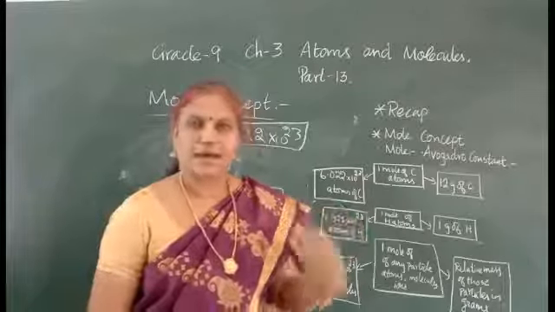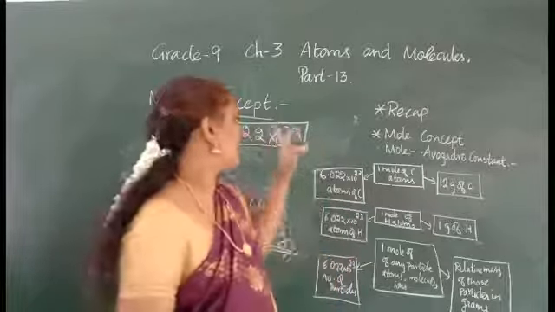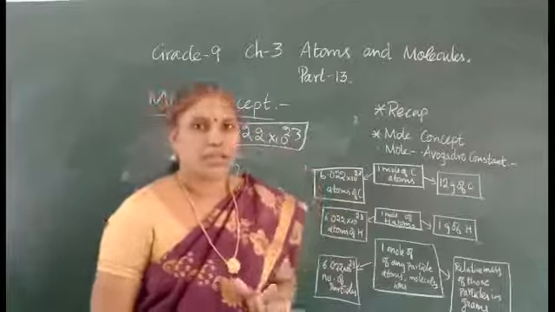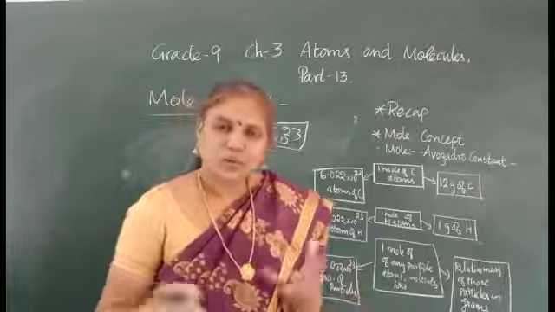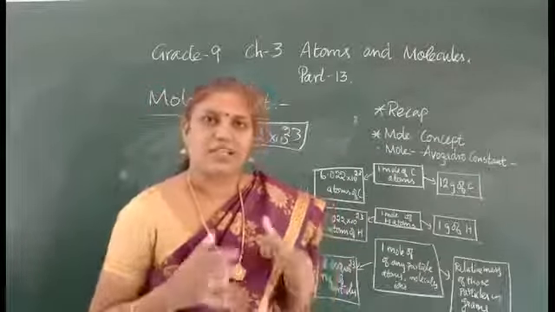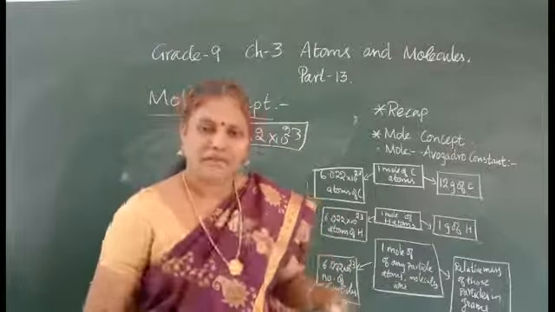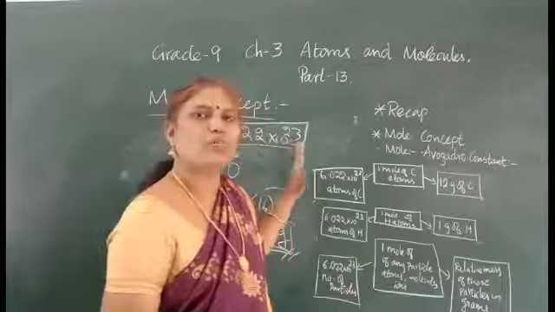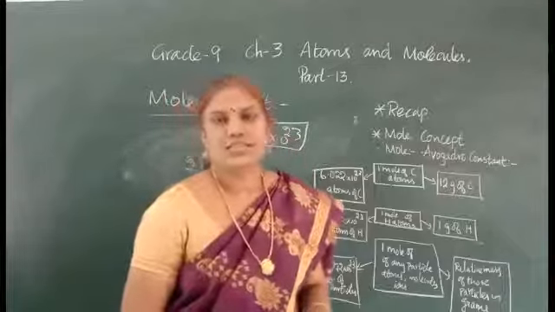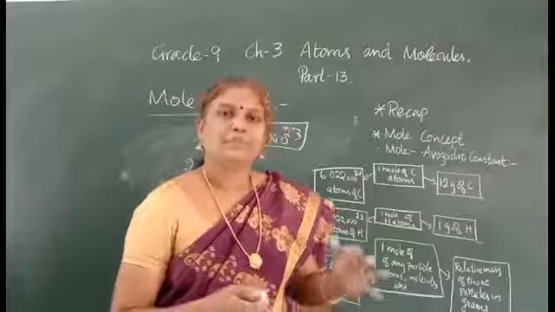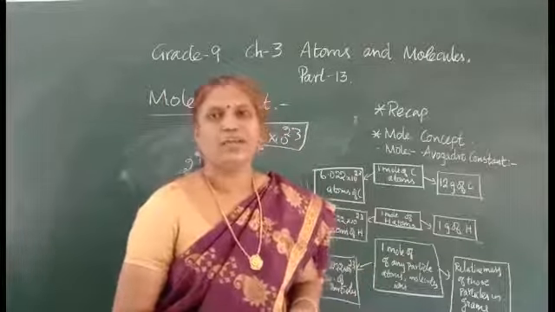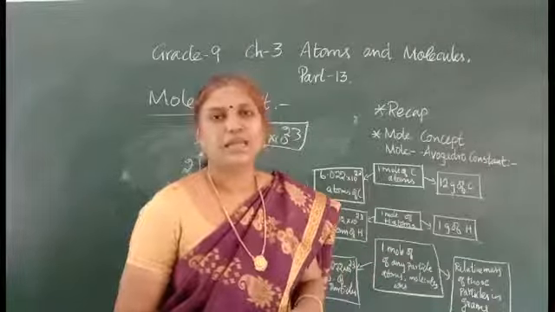Like the same, the particle count for 1 mole will always be a fixed number. Heap or pile, so a group of atoms present in that will also have the same gram of weight, and the number of counts will be the same. This is what is said in the mole concept. Let us see the problems in the next class.